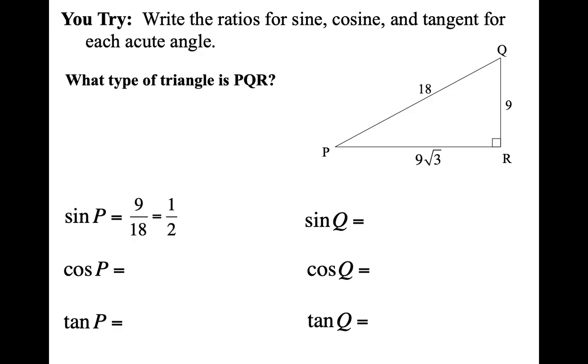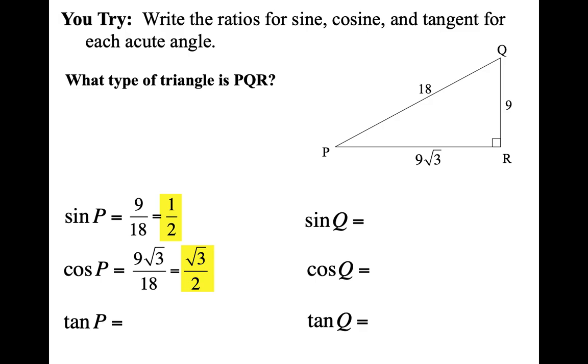Cosine of angle P is adjacent over hypotenuse. So the adjacent leg is next to it, so that's 9 square root of 3 over 18. So 9 over 18, that reduces to 1/2. 1 times the square root of 3 is square root of 3, and then we have that 2 in the denominator. So again, any 30-degree angle, when we take the cosine, will reduce to square root of 3 over 2.